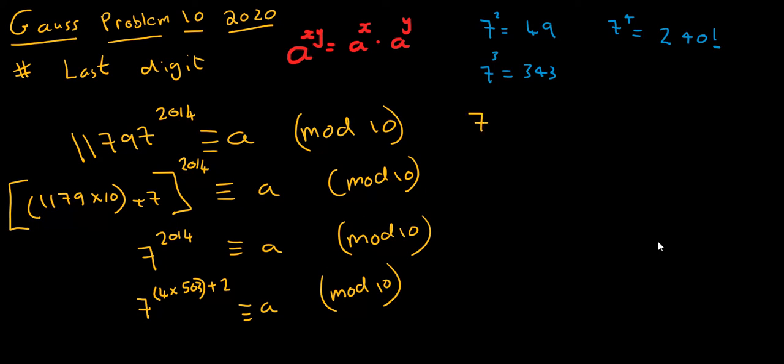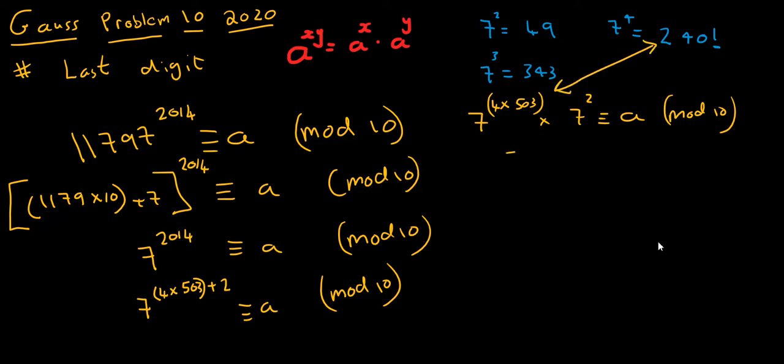So we've got 7 to the 4 times 503, multiplied by 7 squared, is congruent to a mod 10. Okay, I think we can all recognize now this is 1 from this here.